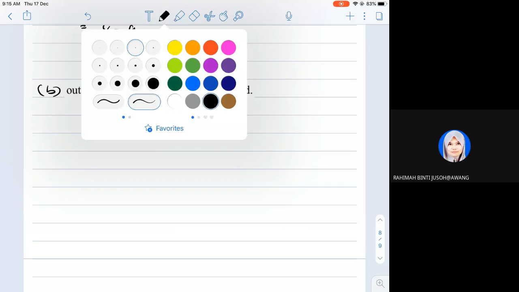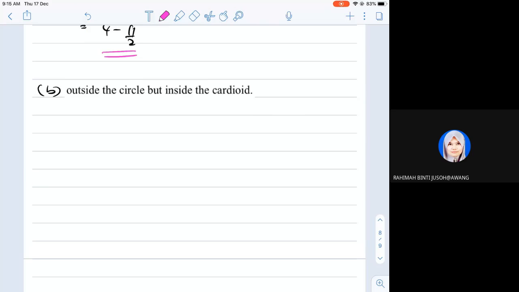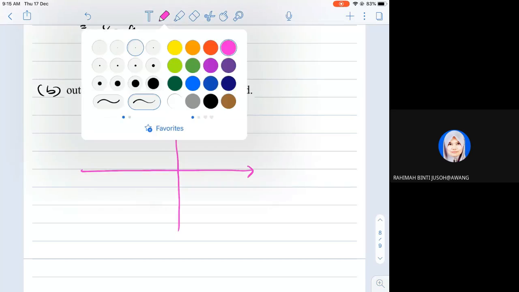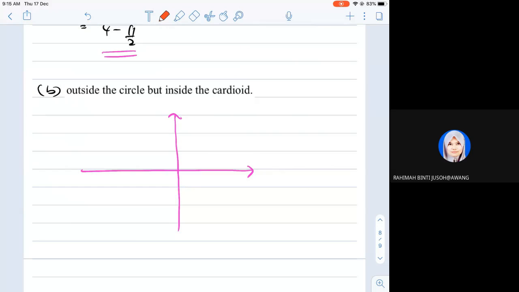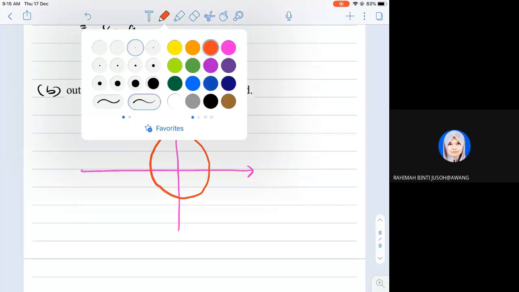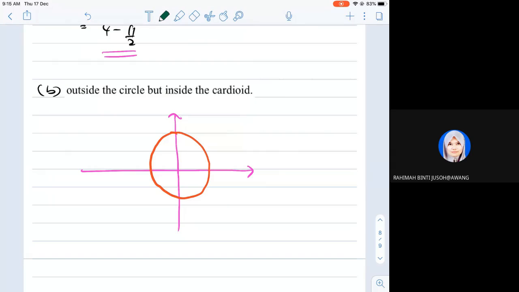So yes, let us sketch the region again. I will use the red color for the circle and the green color for the cardioid.